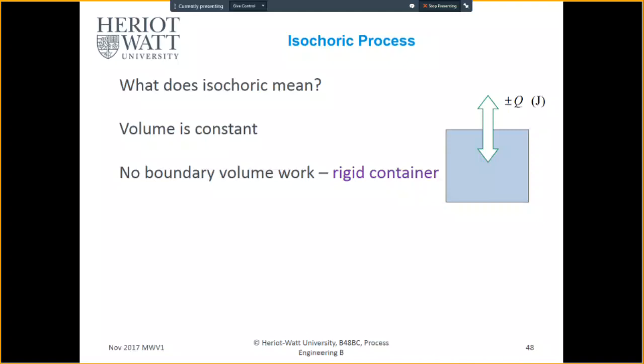It's a rigid container. So when there is no movement, it could be any rigid container, it could be a system with a piston where you lock the piston in place, or the pressure on the opposite side of the piston equals the pressure on the other side. So you have a gas at 200 bar on one side of the piston, another gas at 200 bar on the other side.